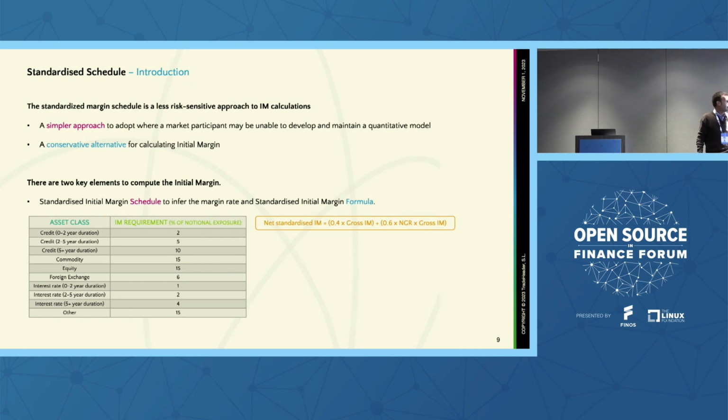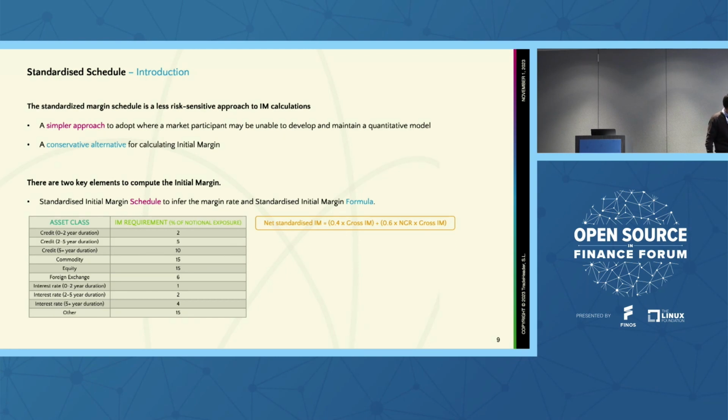Another point I would like to make is that it's a simple model, and the simplicity relies on a multiplier that gets assigned depending on the type of asset class that we are including as part of the portfolio of your trades, and the duration of that transaction.